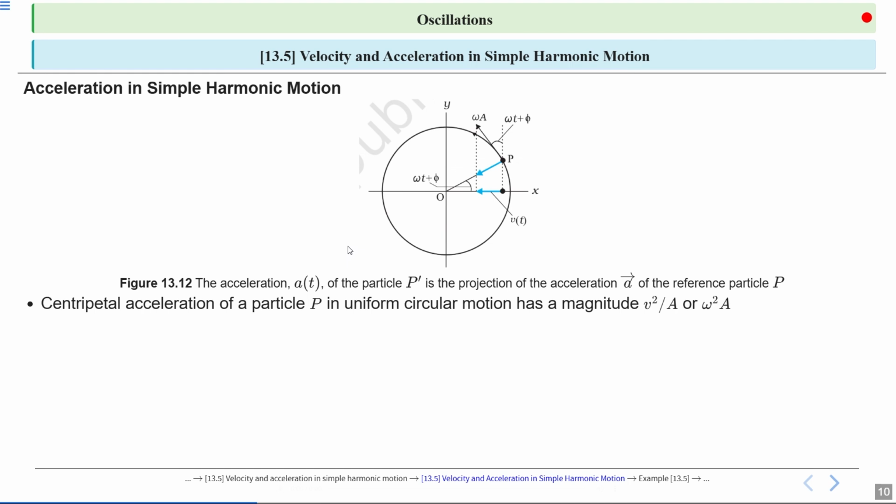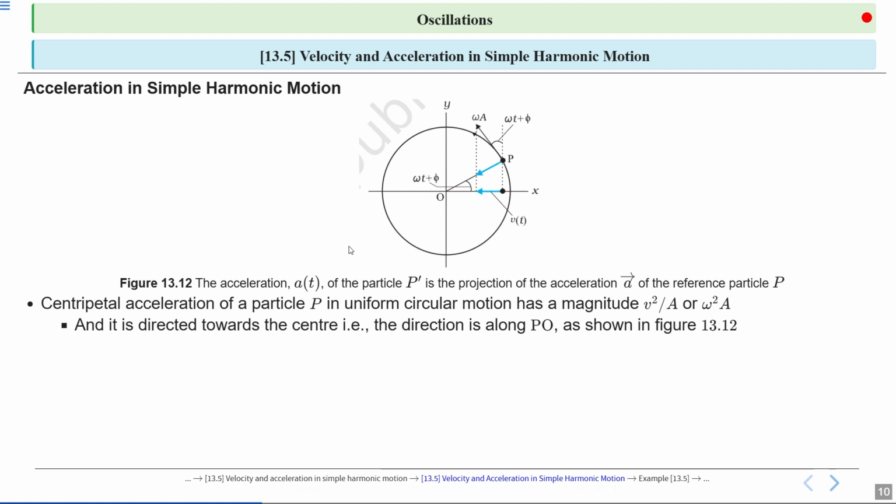Now, let's focus on the centripetal acceleration of the particle moving in a circle. Centripetal acceleration is always directed towards the center of the circle, and its magnitude can be written as v square divided by A, or omega square A. Here v is the speed of the particle, omega is the angular frequency in radians per second, and capital A is the radius of the circle.